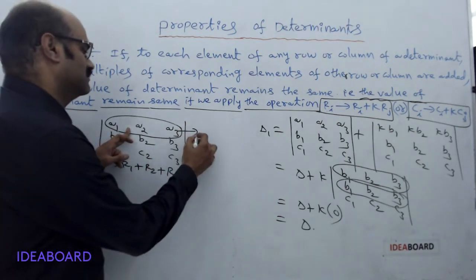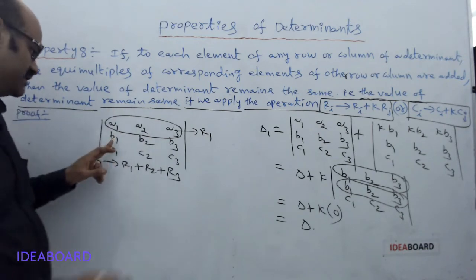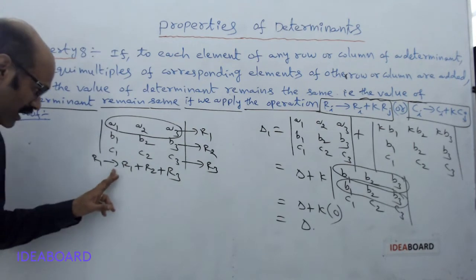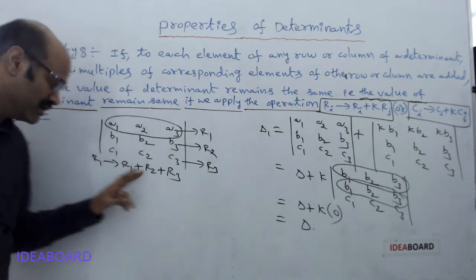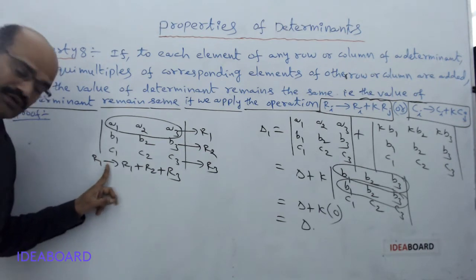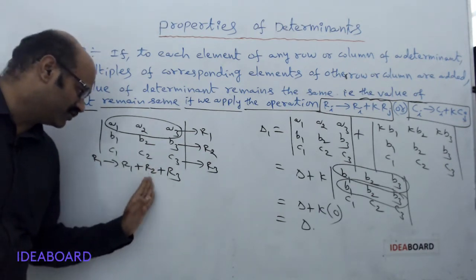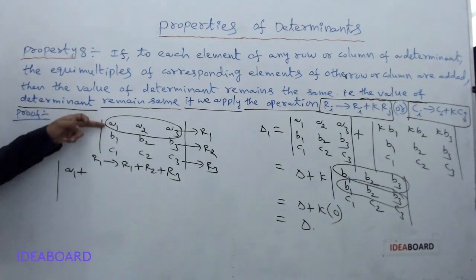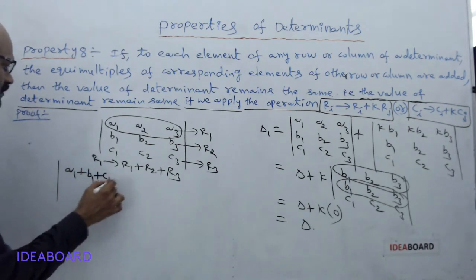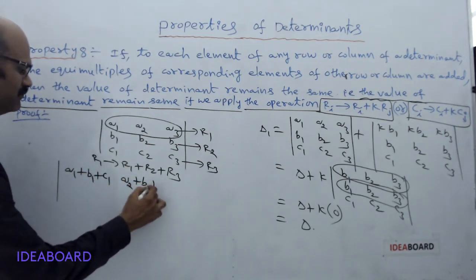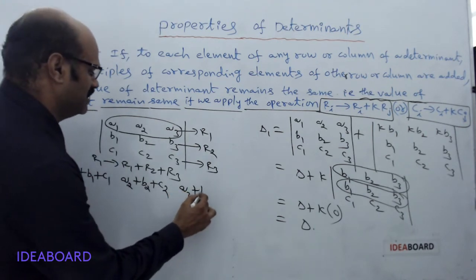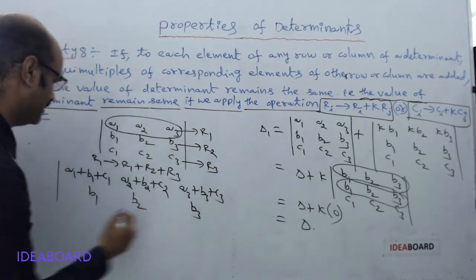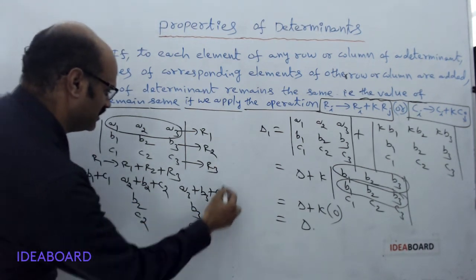Here R1 is this one. Next, this is row 2 and it is row 3. If you take R1 implies R1 plus R2 plus R3, R1 is changing to R1 plus R2 plus R3, so that it becomes A1 plus B1 plus C1, A2 plus B2 plus C2, A3 plus B3 plus C3, B1, B2, B3, C1, C2, C3.